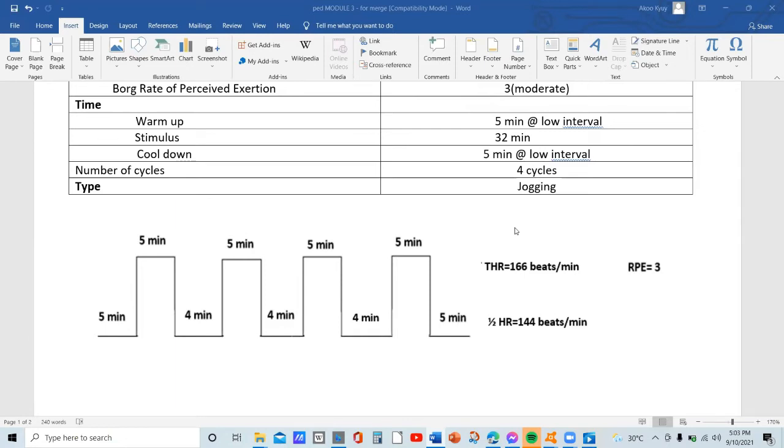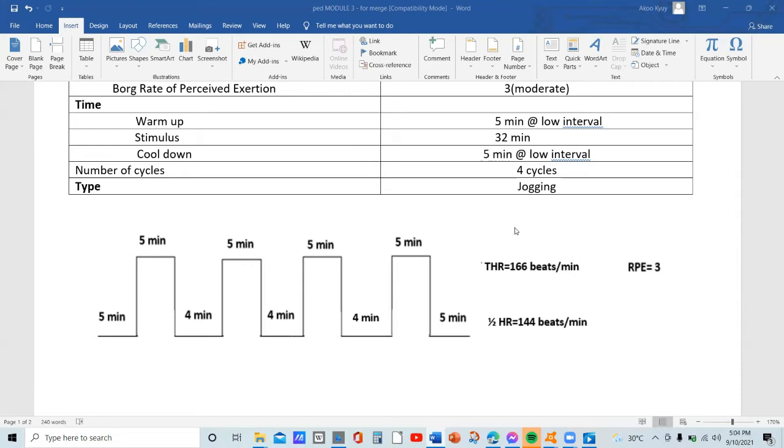So for the warm-up, I decided to only have 5 minutes because the maximum warm-up should be 5 to 10 minutes for moderate intensity for both cardio and muscular endurance activities. This is to increase the body temperature and to decrease the potential for exercise muscle soreness. So I put 5 minutes at low interval for my warm-up exercise.